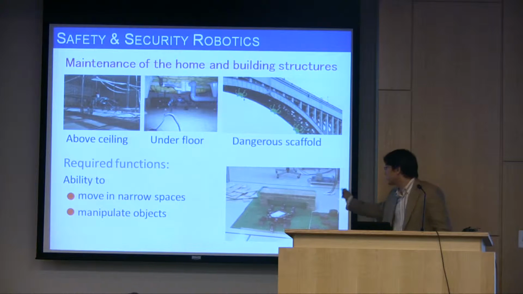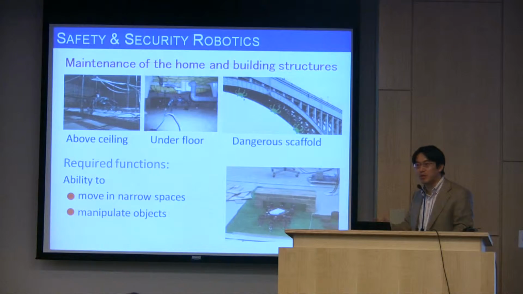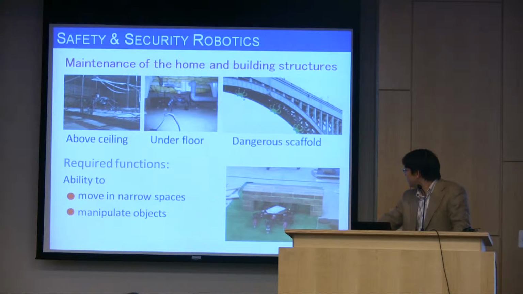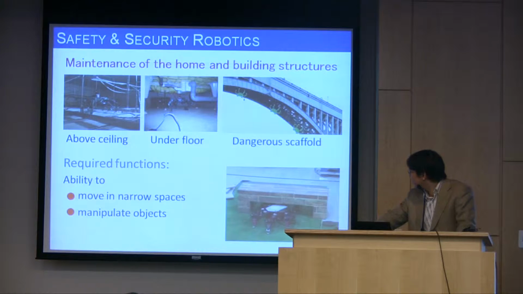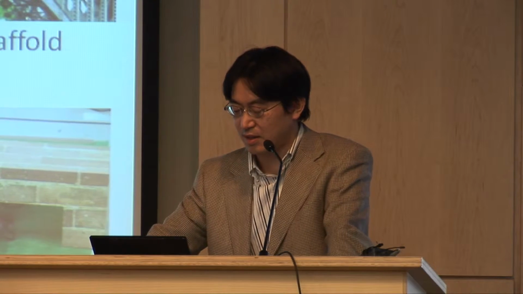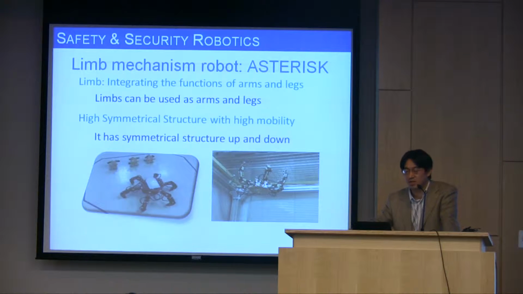Here the robot has 6 legs, and it can change its pose to go into the narrow space, like this. We call this robot a limb mechanism robot. Limb means the integration of the function of arms and legs, so it can use not only legs but also arms.